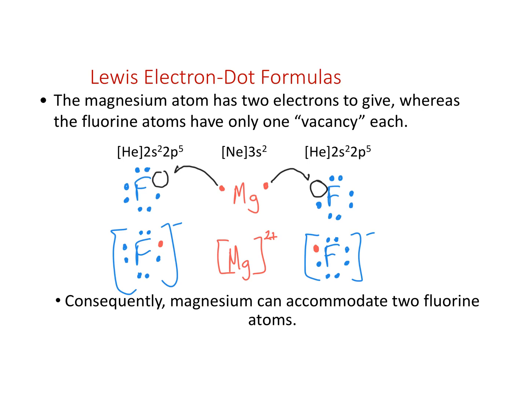So I've formed my fluorides at -1 each by gaining an electron from magnesium, and I've formed my magnesium 2+ by magnesium losing both valence electrons it had, 1 to each of the fluorines. Now, all 3 of those are isoelectronic with a noble gas, either through losing or gaining valence electrons.